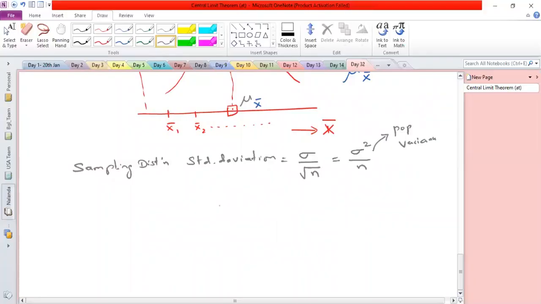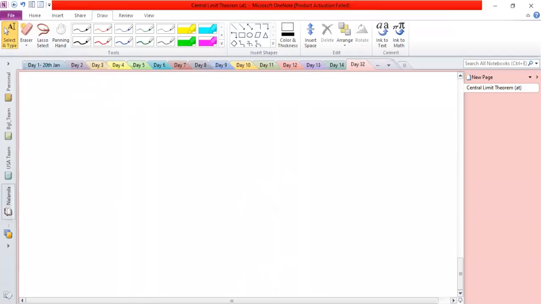Okay. Now, going back to the same discussion, let me draw the picture here for your clarity. This is your mu of x bar.